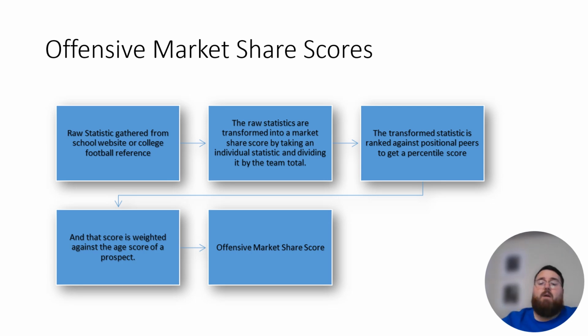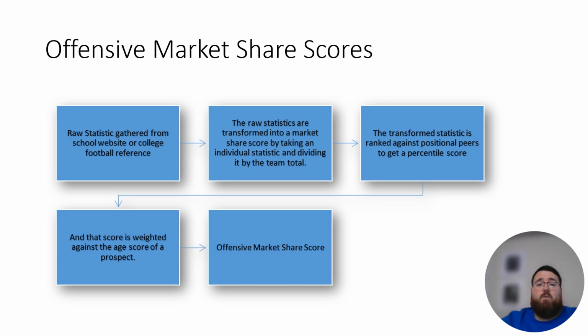So first off, let's talk about offensive market share scores. For those that are new to the channel and don't really know a lot of the stuff that I do, you take a raw statistic gathered from a school website or college football reference. The raw statistics are transformed into a market share score by taking an individual statistic and dividing it by the team total.